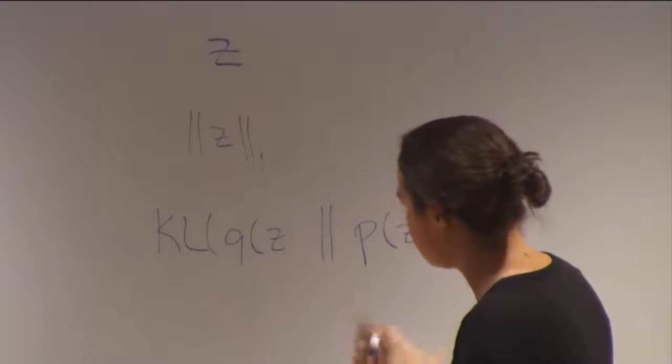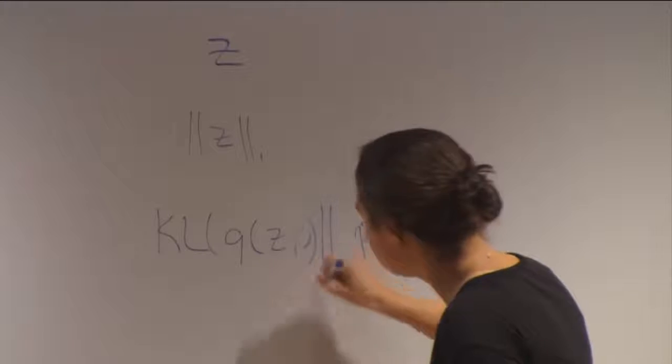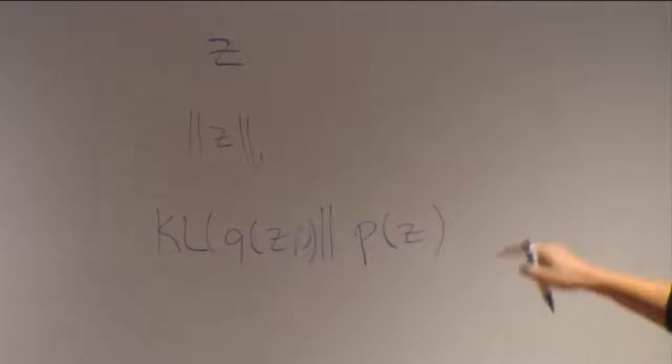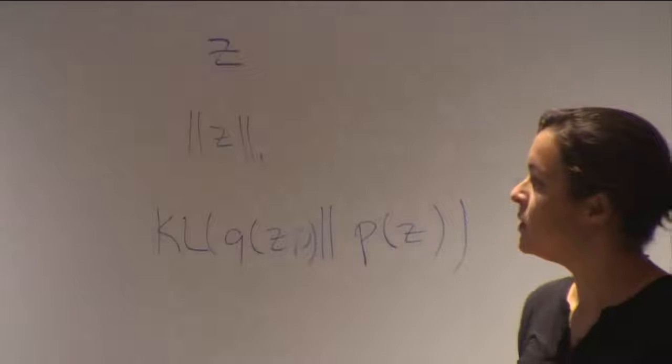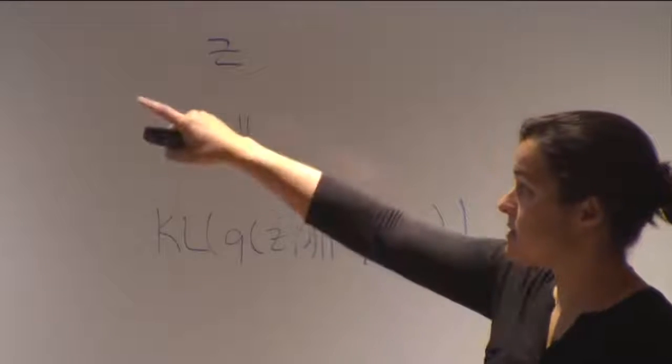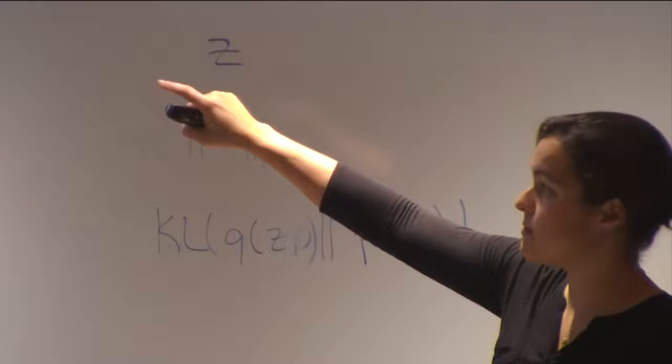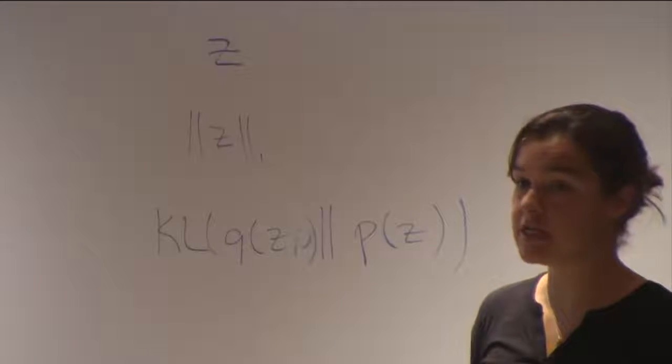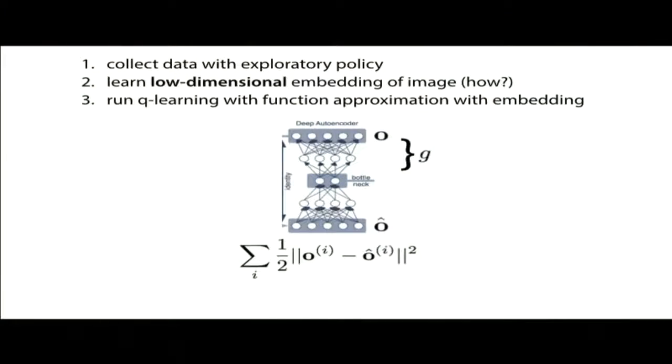So this is your encoder network, and this is your prior term on Z. Okay, so in this case, the function that maps from the observation to the bottleneck is G. And once you actually train this autoencoder, you throw away the network that maps from the bottleneck to the observation, and you just use that function G. And that's often what you do when you use autoencoders for unsupervised learning and feature learning tasks.